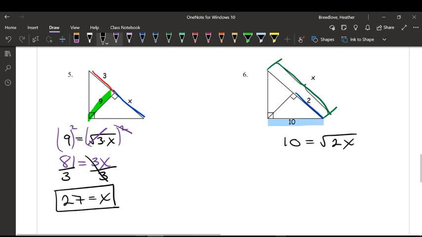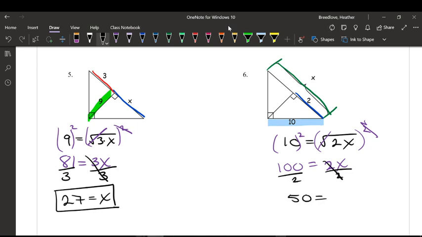To get rid of the radical, I'm going to square the whole thing. Square root and squared cancel. 10 squared is 100, and that leaves 2x. So this has actually turned out to be pretty easy. I want x by itself, so I'm going to divide by 2. So x is 50.